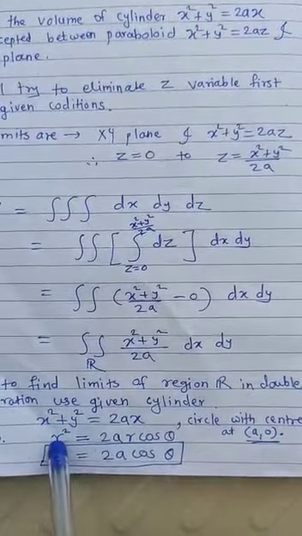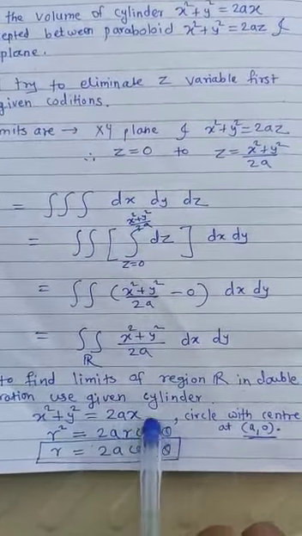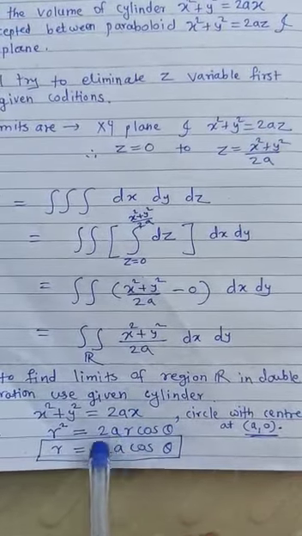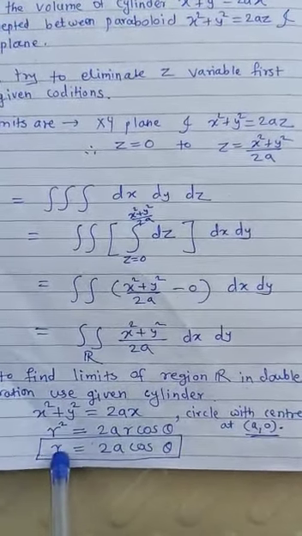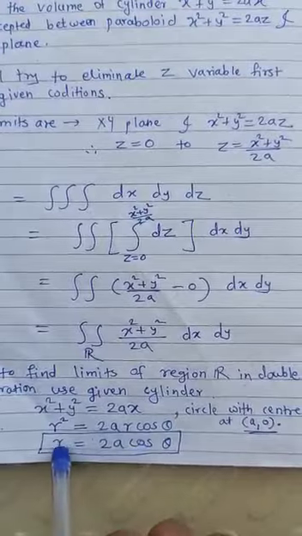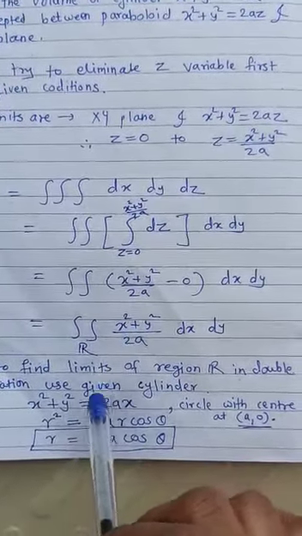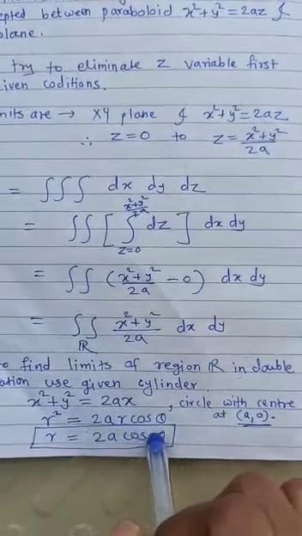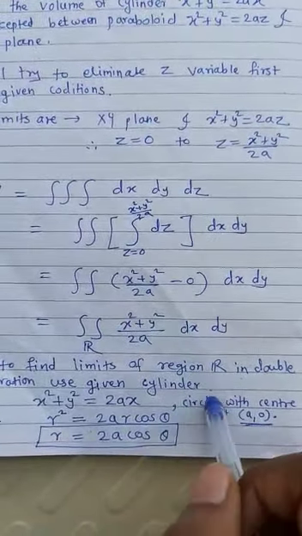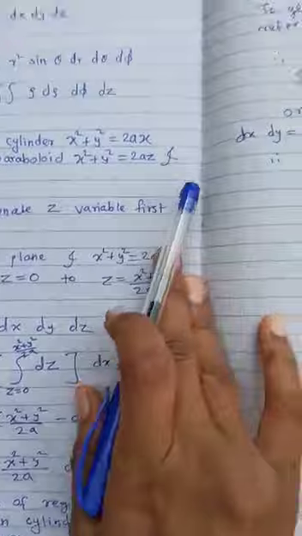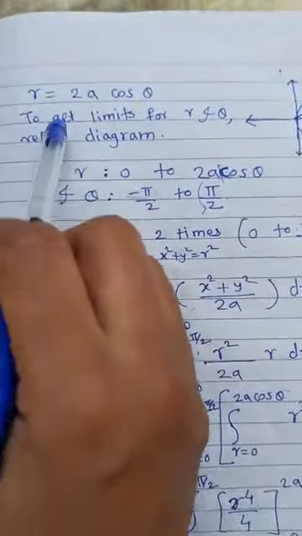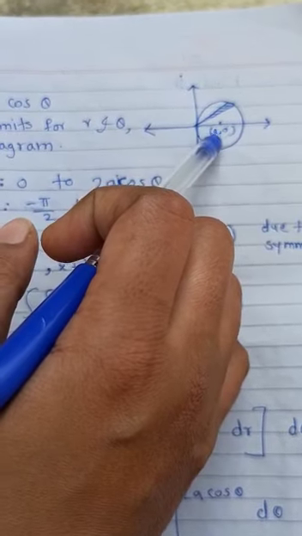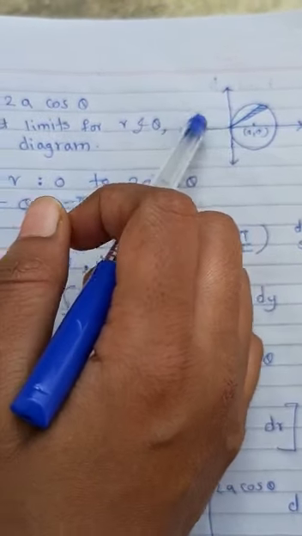So you can see this r square equal to 2a r cos theta, after substituting value of x as r cos theta, so it will give us r equal to 2a cos theta. So we'll convert this into polar, and that's why we have taken this surface as r is equal to 2a cos theta, which represents a circle with center at a comma 0. So you can see the diagram. R equal to 2a cos theta, circle with center at a comma 0 and radius a.